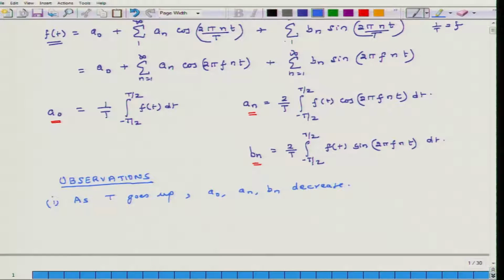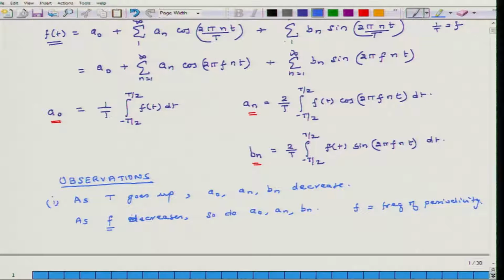An equivalent statement would be as frequency, which is 1 over T, decreases, so do A0, An and Bn. This frequency is the frequency of periodicity.